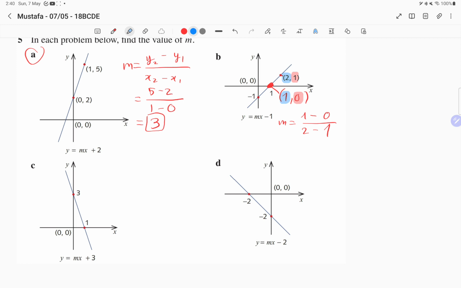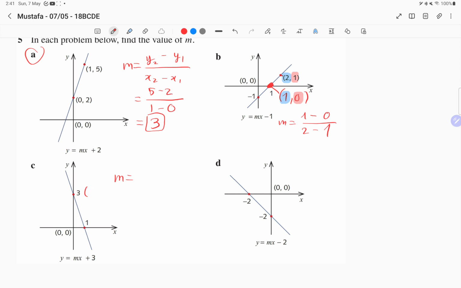Right, and then move on to C. So what's the m value for C? The first one.